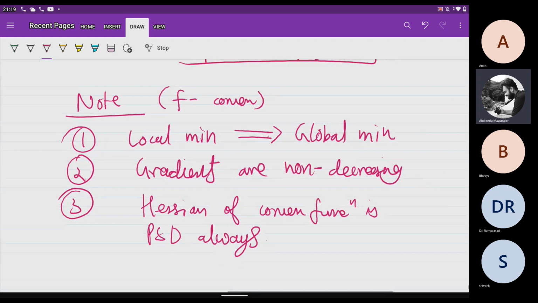These three are the main properties that we are going to use in machine learning or deep learning very rigorously.